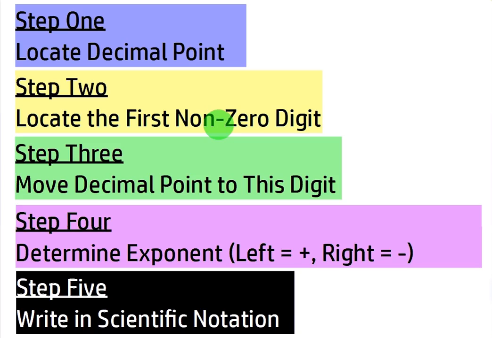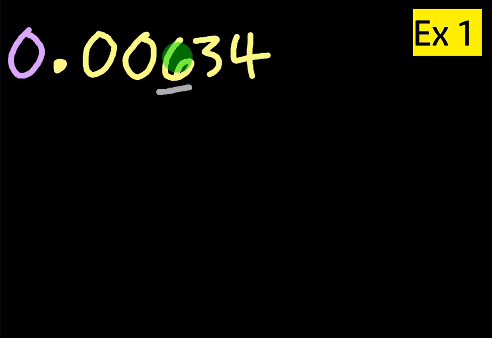All right, next step. We are going to move our decimal point to this digit. Okay. Now, when we move it to the digit, we want to move it just to the right of this digit, actually. Okay. So move this decimal point to the right of this digit. My students have done a good job doing this, and basically what we do is we just draw our arrows.